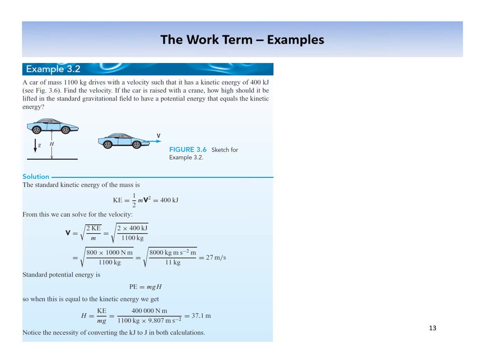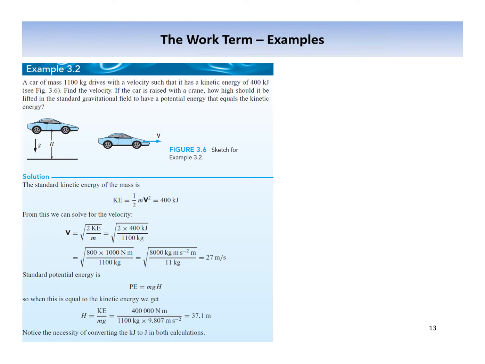Here we again see an example of energy where a car of 1100 kg is being driven with a velocity such that it has a kinetic energy of 400 kilojoules. Find the velocity. If the car is raised with a crane, how high should it be lifted in a standard gravitational field to have a potential energy equal to this kinetic energy?